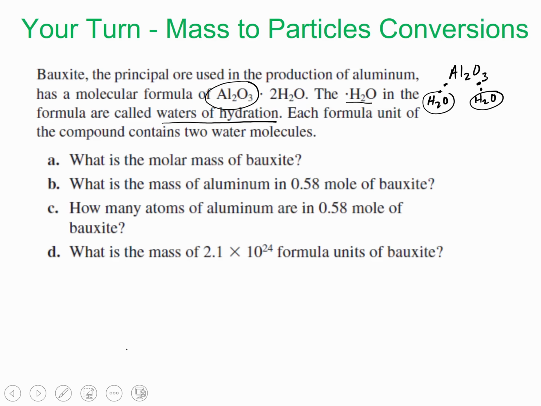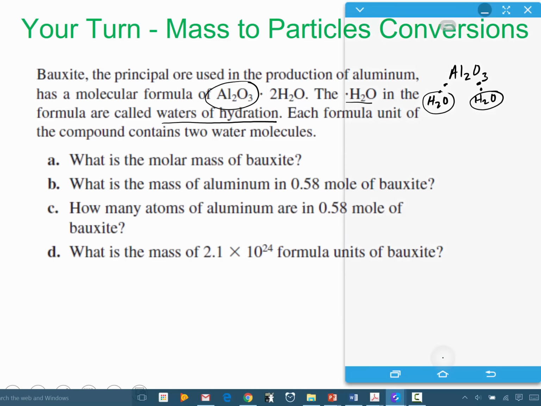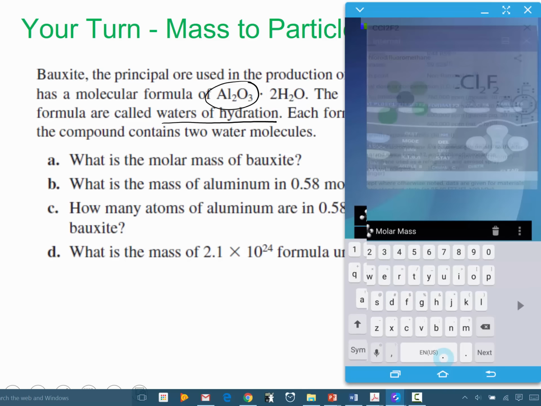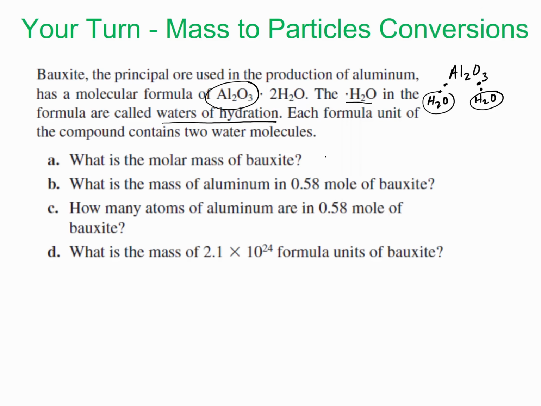I'll show you what I was doing. You have to enter it kind of weird. These barely ever come up, but this is how I entered it. I put an H2O in parentheses, and then I put a 2 after it so that the 2 would distribute to the water. And then that should be the molar mass, 138 grams per mole. So it's 138 grams per mole, or 1 mole of Al2O3 dot 2H2O is 138 grams.